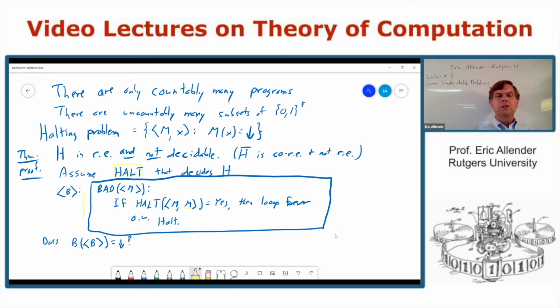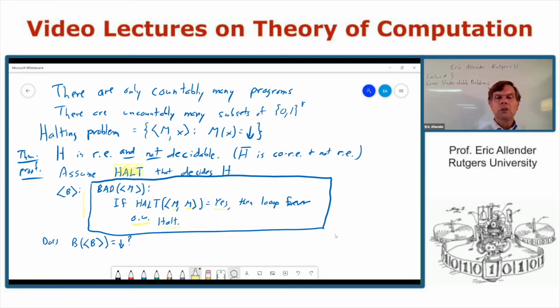So that means that the answer is no, but if the answer is no, you go down to the otherwise or the else part of this statement and you halt. So if the answer is no, then the answer is yes. That's a contradiction. So in other words, this program is nonsense. It can't possibly exist, but it does exist assuming that halt is a routine. In other words, if there is some decidable algorithm that actually decides the language H. So that means it's not decidable.